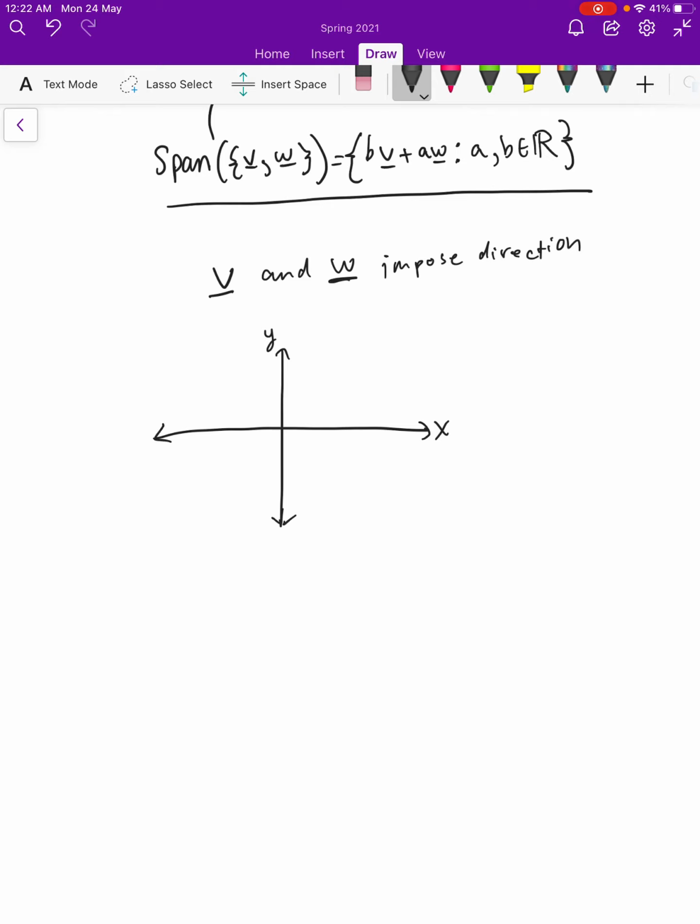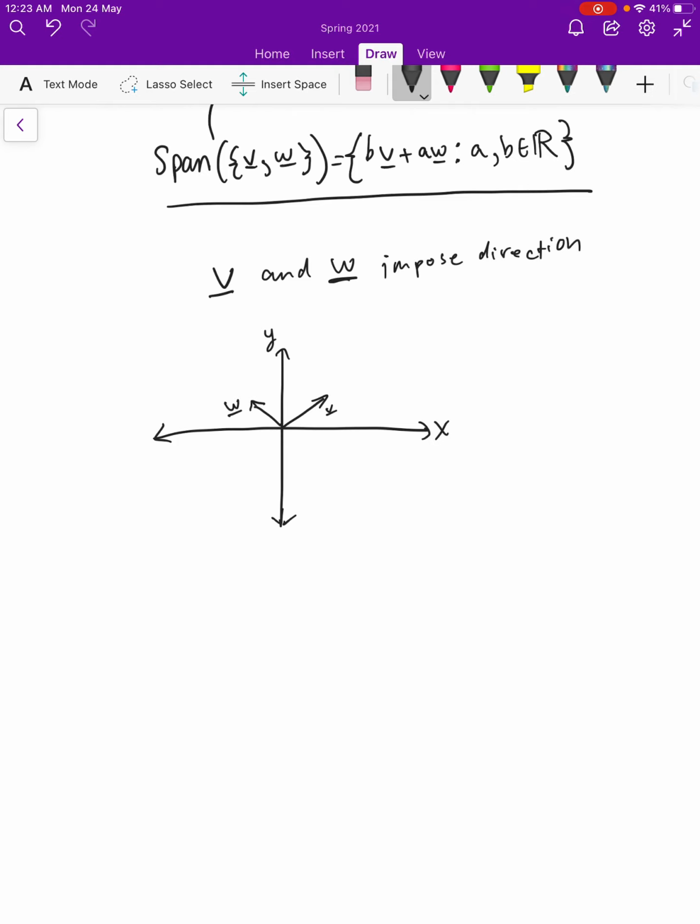Now, by having these scalar coefficients b and a in the real numbers, we're defining all sorts of directions. Say v is this vector and w is this vector right here. I'm drawing it more 2D in this case, but it doesn't really matter. Now, by adding these coefficients, we're creating a whole plane of different terminal points.